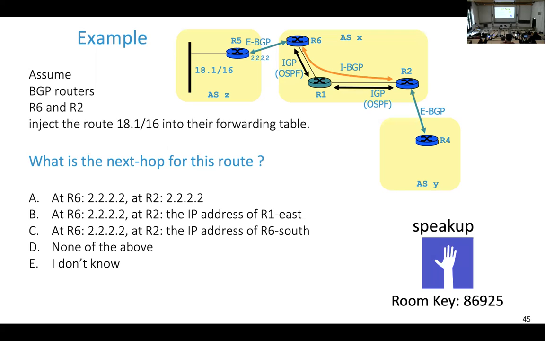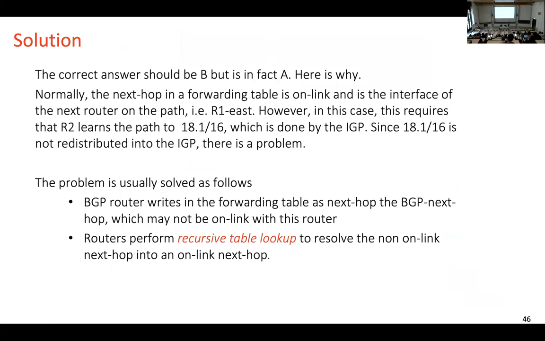I'll close the poll in a couple of seconds. The majority says B, which is exactly what makes sense. But as I told you, this injection is a bit unnatural.